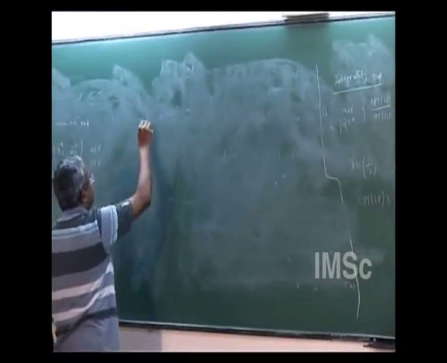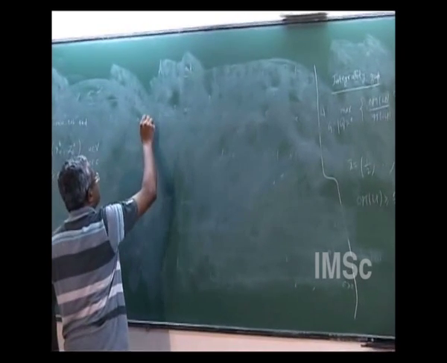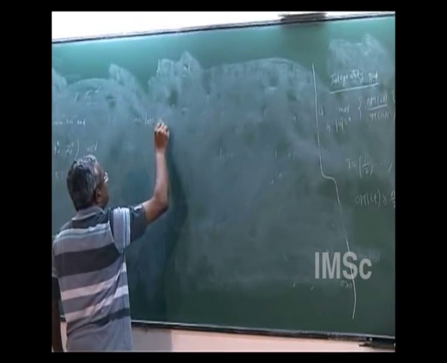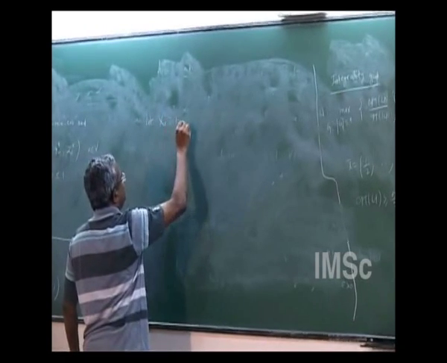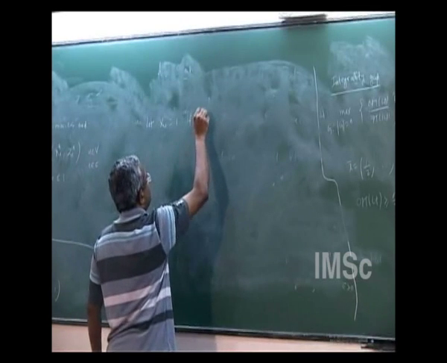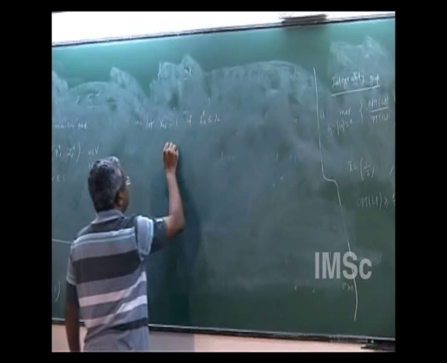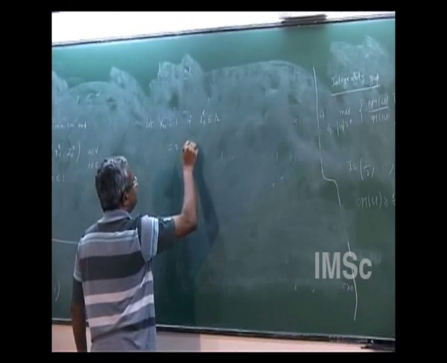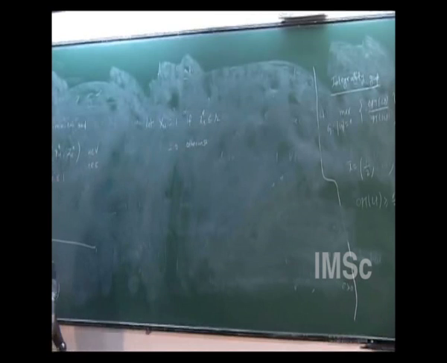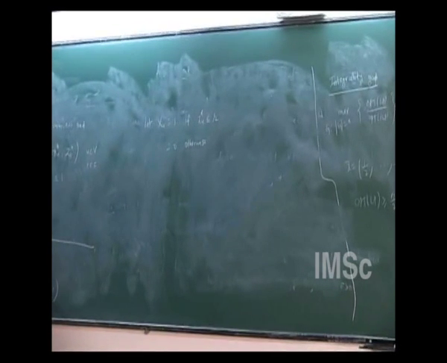Let xu be 1 if xu star is less than or equal to R and 0 otherwise. So we now have to convert this into an integral solution.